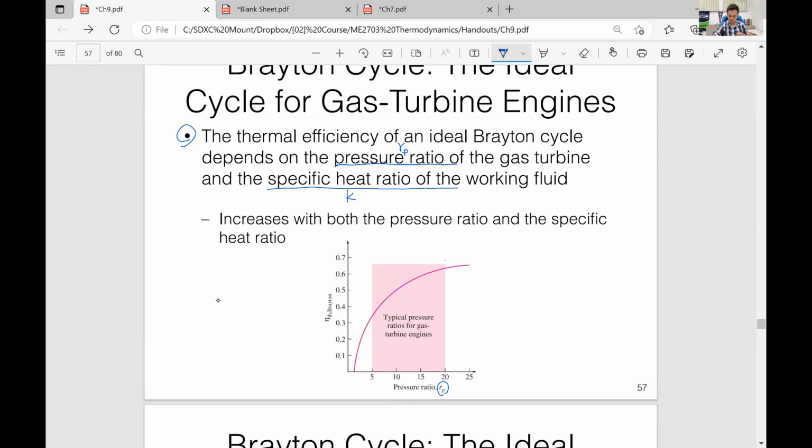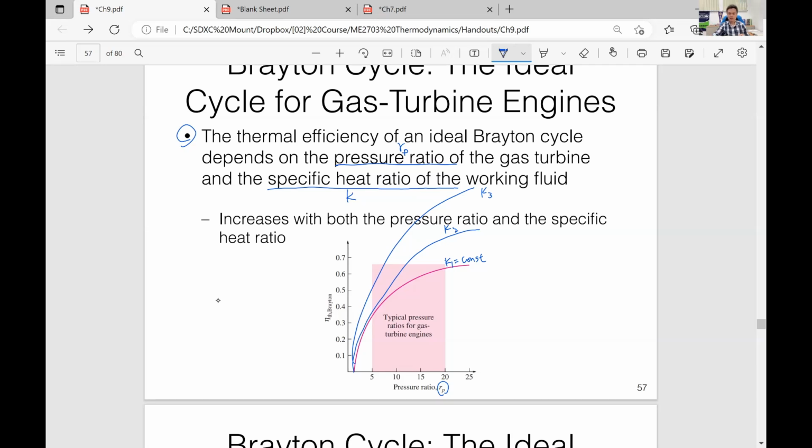Because this is for a constant specific heat ratio, and this blue line is also another. Let's say this is K1, this is K2, this is K3. Okay, so K1, K2, K3, they are constants. So when the specific heat ratio increases, then the thermal efficiency increases.